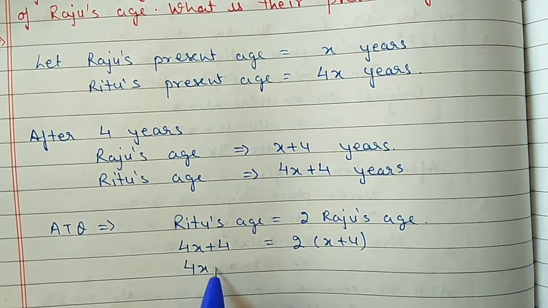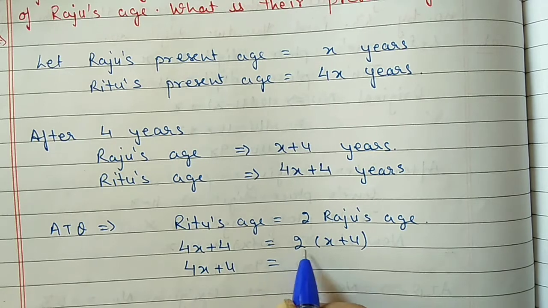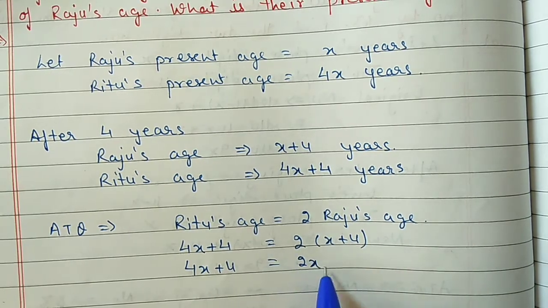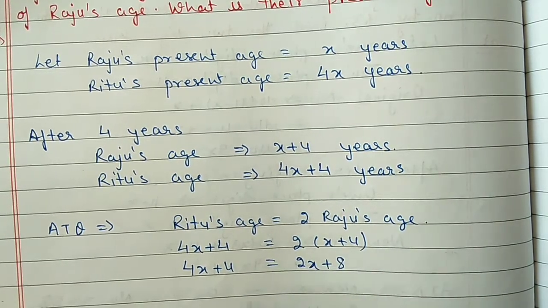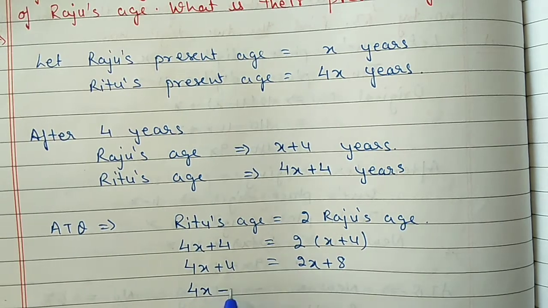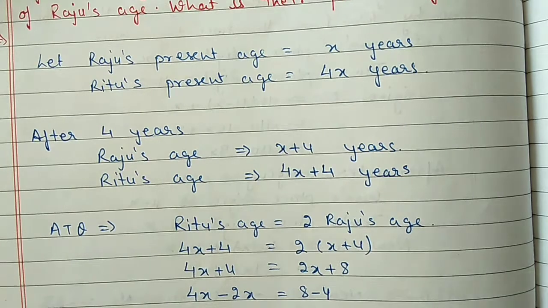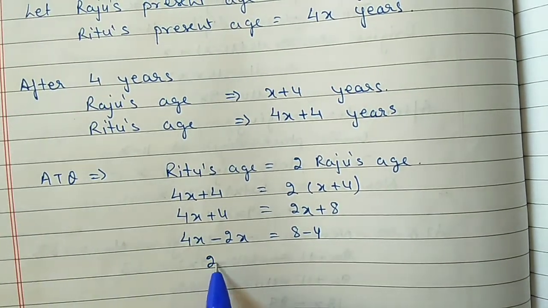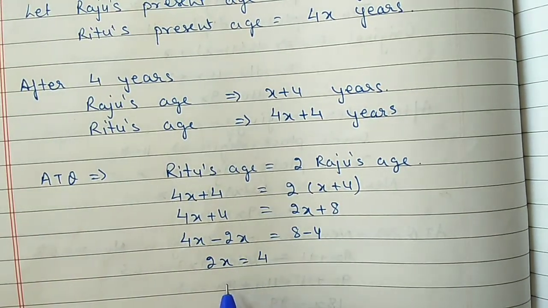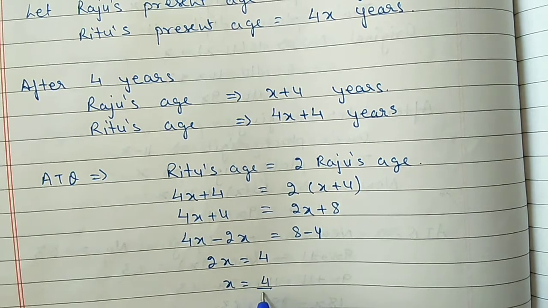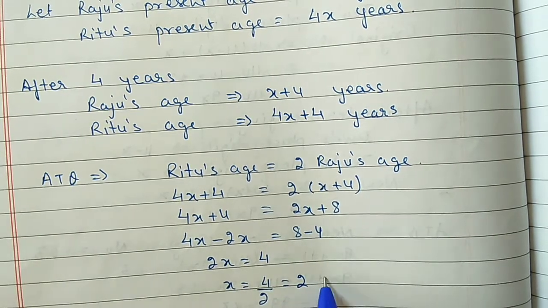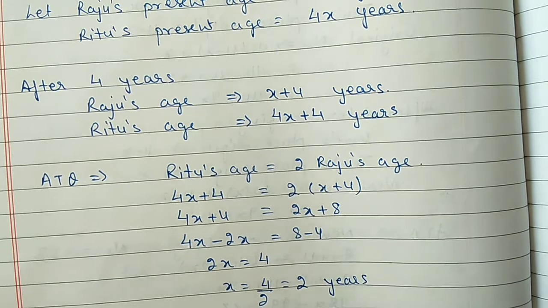So first 4x plus 4, and on the right side when we remove the bracket we will get 2x plus 8. 2x you can shift this side, 4x minus 2x is equal to 8 minus 4, and 2x is equal to 4. So the x value is 4 by 2 means 2. It means her brother is 2 years old.